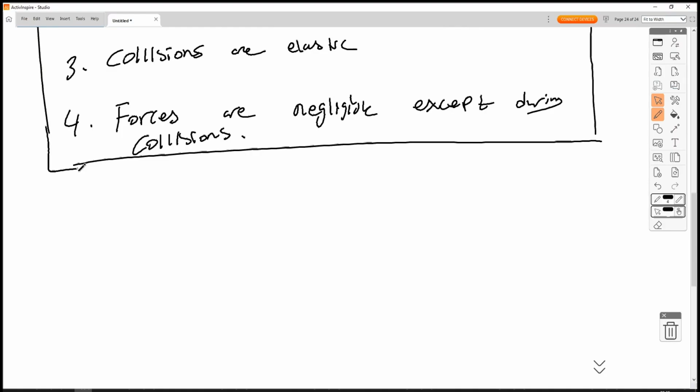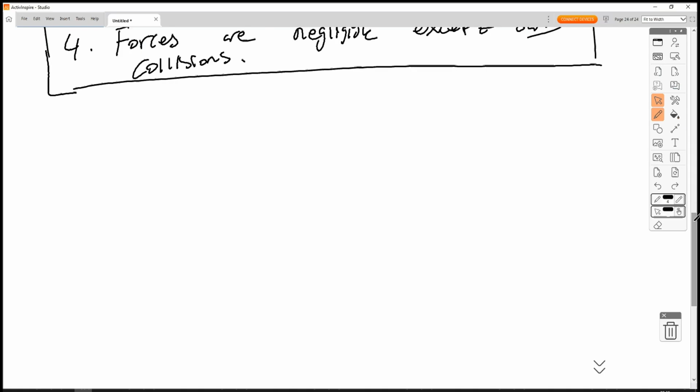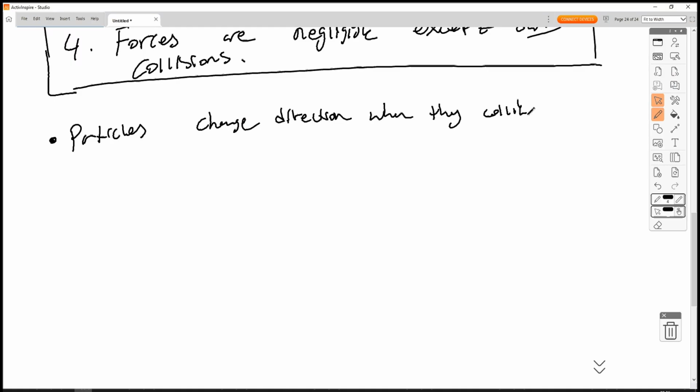And then we'll do a quick qualitative analysis on why pressure is exerted on the container. So first of all, when particles collide with a wall, they change direction. If they change direction, that means that there is a change of momentum.